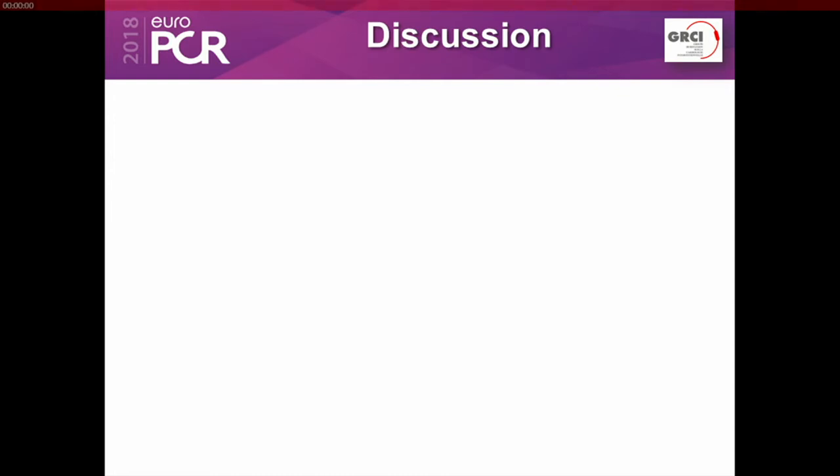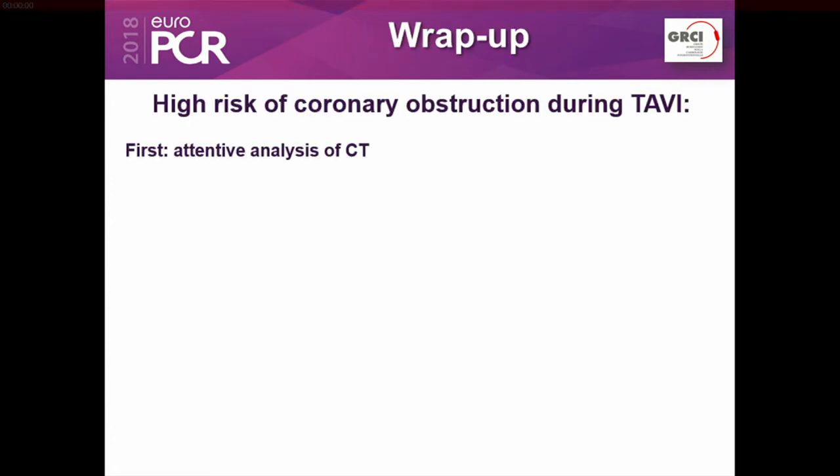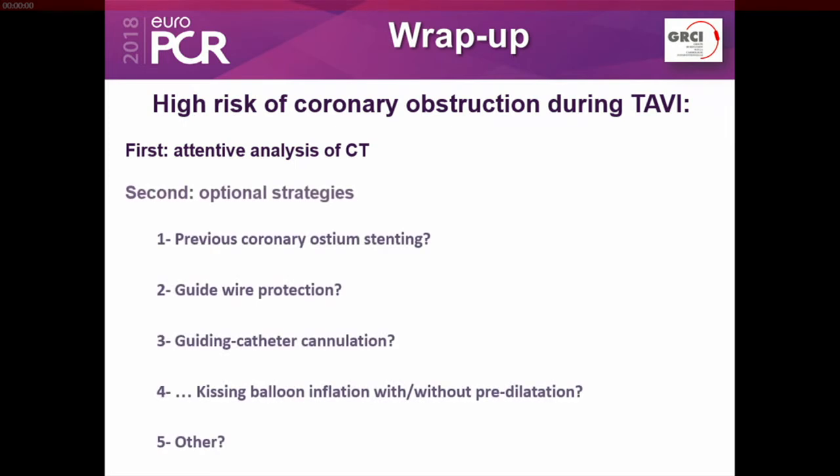I think that's very, very educational for the colleagues. So are you willing to wrap up? Yes, please. The main thing during TAVI is the specific analysis of the CT scan. In my opinion, TAVI is mostly done at the end of the CT scan. Other strategies can then be used to avoid this kind of complication.